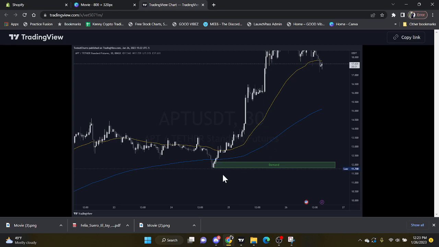Even in this one that I'm looking at, the APT 30-minute one, that lowest one I'm guessing is the order block. If I go above it, I still see a little one at 15,500, which would be another demand. Right now it's kind of created a demand zone. I think it just broke it on these last three candles. That's just me looking at it as far as demand zone.